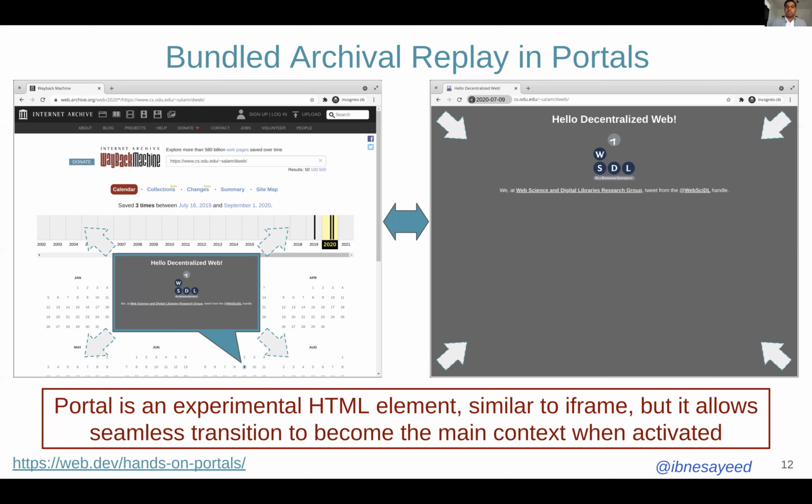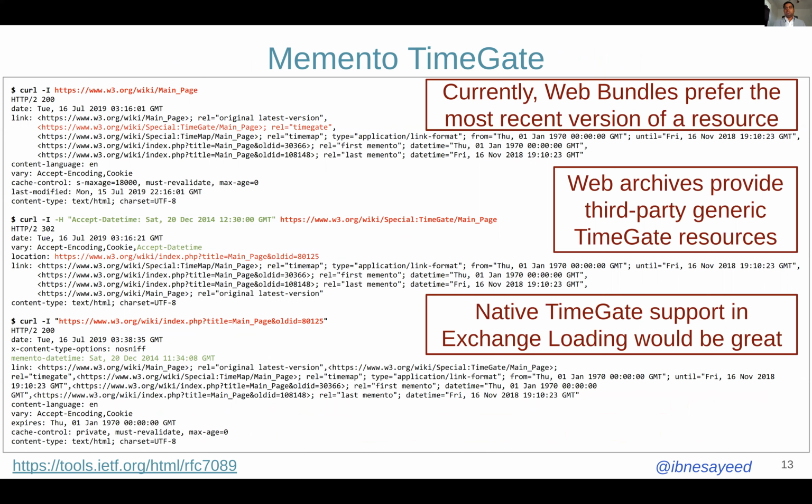In this case, if we serve bundles with the origin, the primary origin, then the page will be served as if it is coming from the original page, but we can also use it for traditional rewritten URL style replay. So there exists a problem in the current implementation of web bundle specification, where it prefers the most recent version of a resource if multiple resource copies are present in different caches, right?